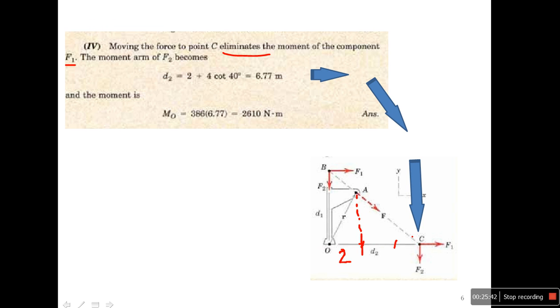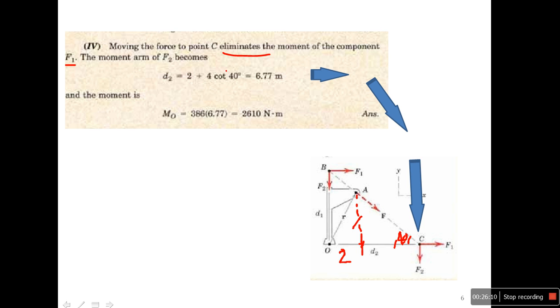Do not forget the angle here is equal to 40. I have this distance equal to 4 meters. So by tan 40, equal to 4 over that distance.